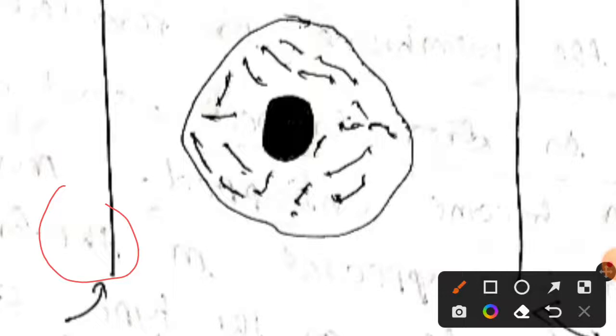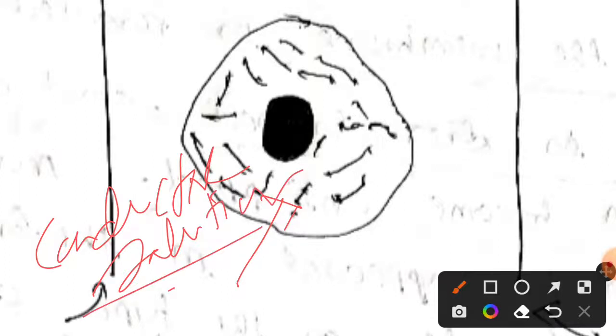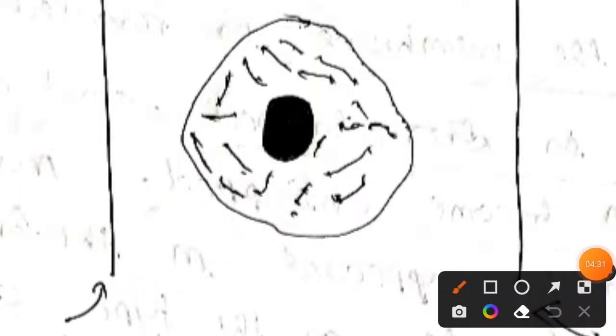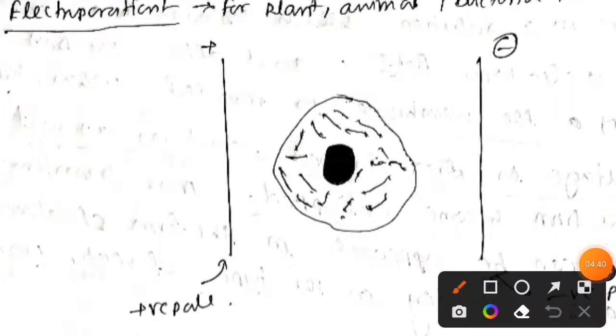Does DNA have some legs? No. So let me tell you, we are using a conductive solution here. If you have basic knowledge about electrophoresis, you can understand that as DNA is negatively charged due to the phosphodiester bonds that it has, it will migrate towards the positive pole.